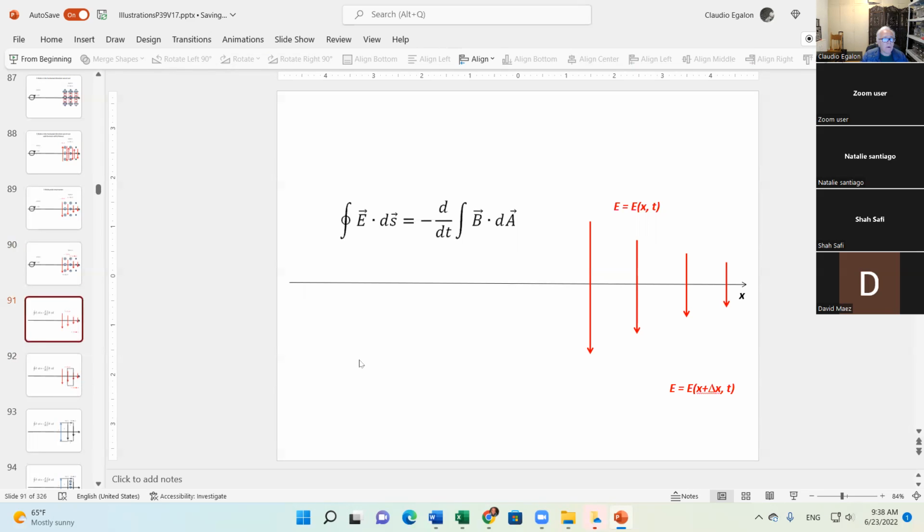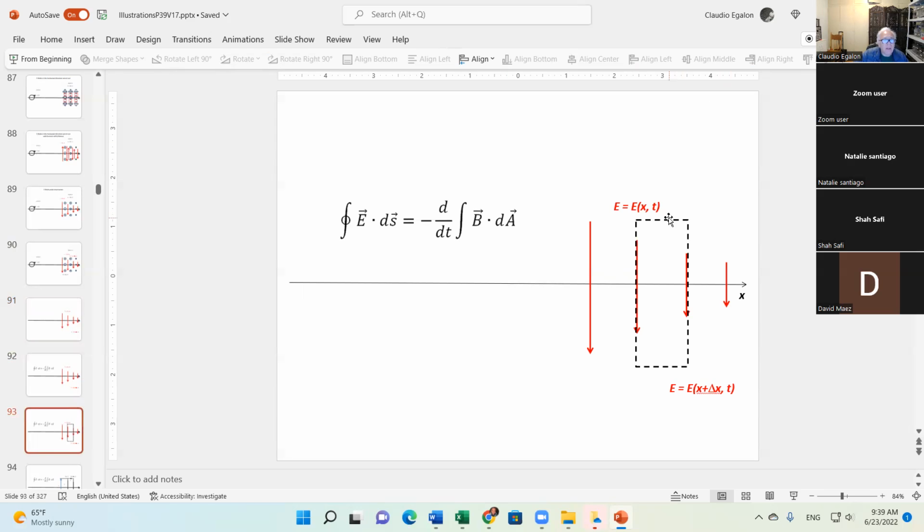Okay, and now not just the electric field, but also the one of the Maxwell equations. First the simplification, then the Maxwell equation, and the loop.